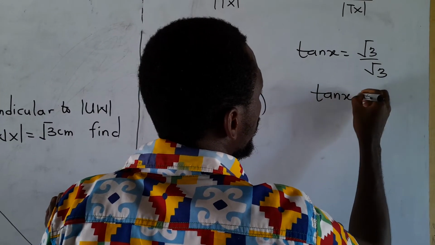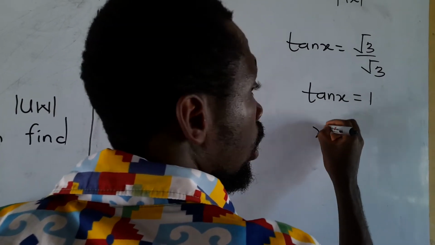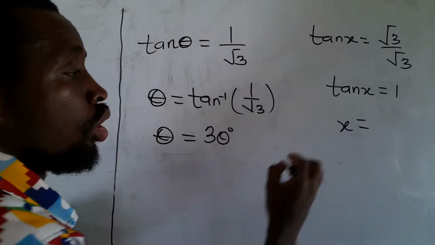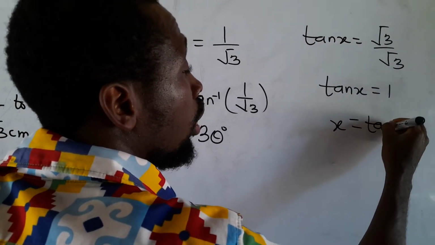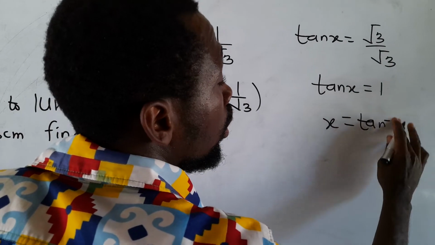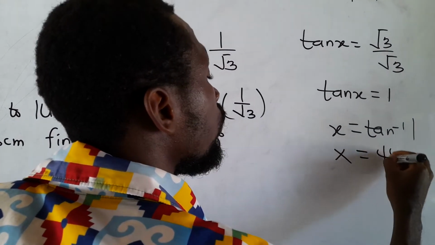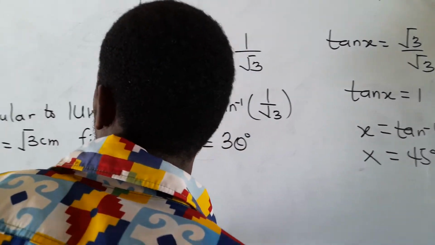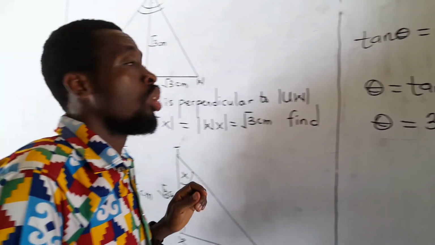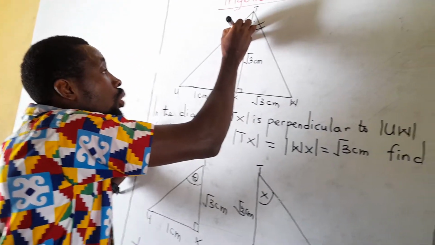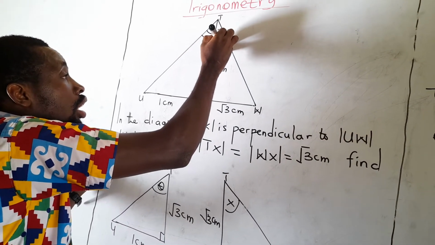So tan x will be equal to 1. X will be equal to tan inverse of 1, and tan inverse of 1 is 45 degrees. So we're able to locate the angle here to be 30 degrees and the angle here to be 45 degrees.